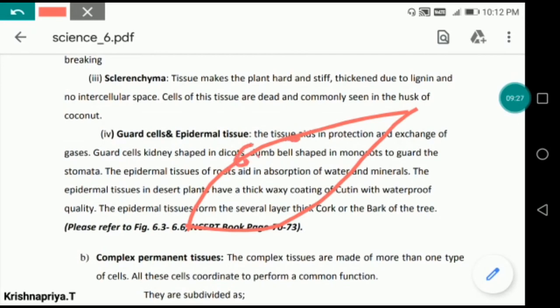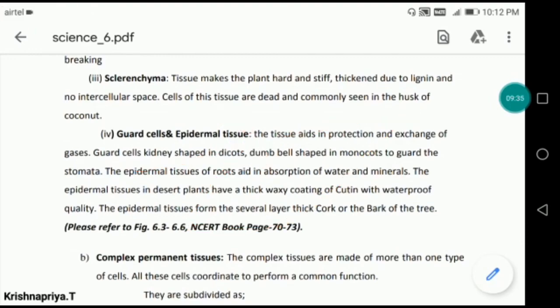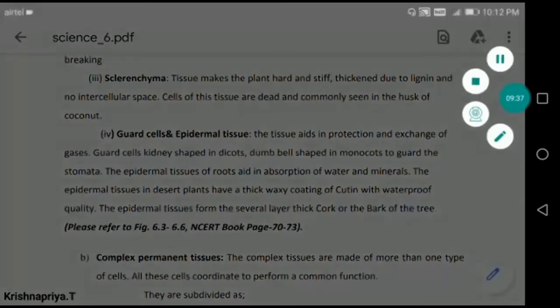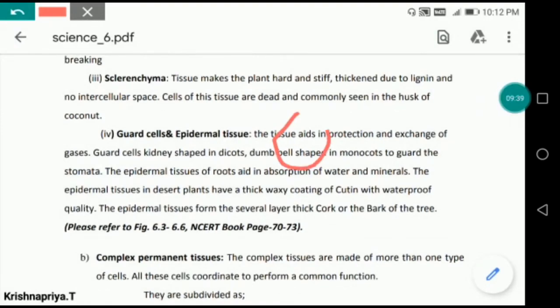So these pores are surrounded. If I make a diagram in magnified view, how will this pore appear? The pore is present in the center and guard cells are surrounding it. These bean-shaped, kidney-shaped structures are known as guard cells.